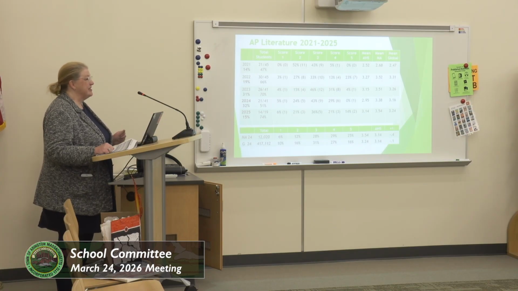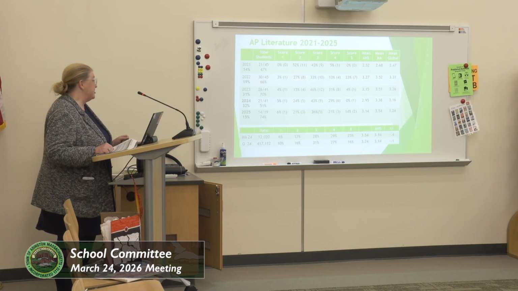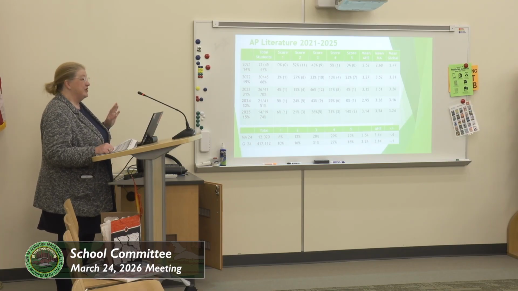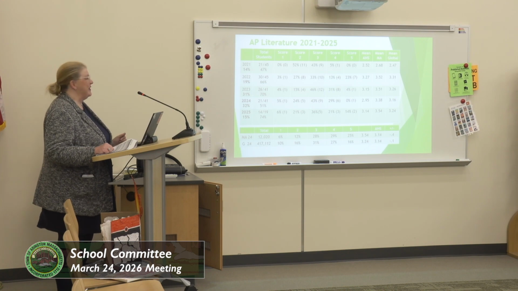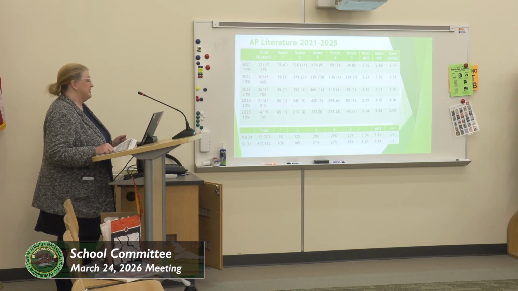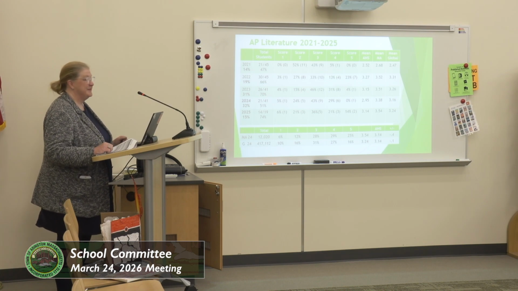The AP Lit test is one of the hardest tests I've ever seen. And that we had 2 students, which is 14%, because it's a small group, do well is something we're happy about. So it is a more narrowly focused presentation, but there's certainly a lot to talk about if you have any questions.